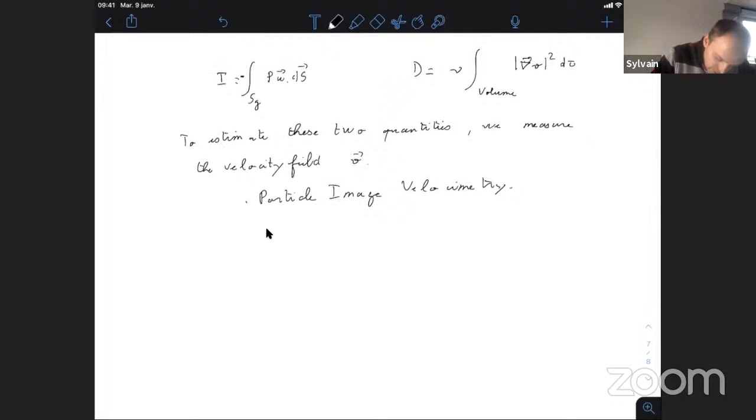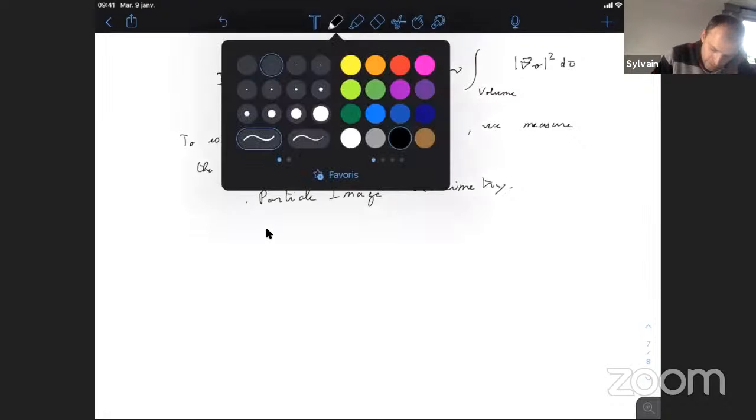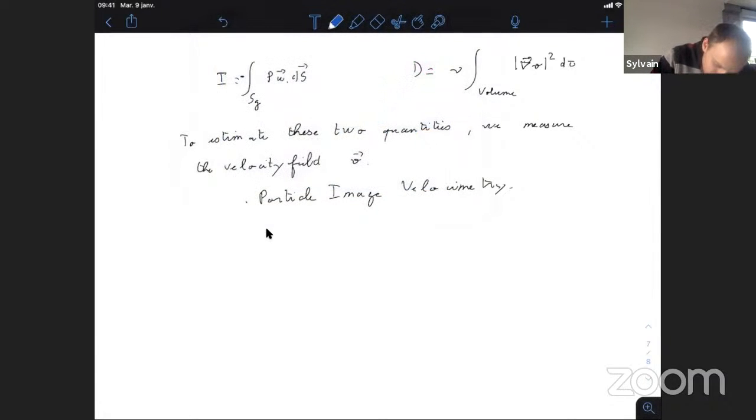So in particle image velocimetry, the fluid is seeded with particles, with light reflecting particles.